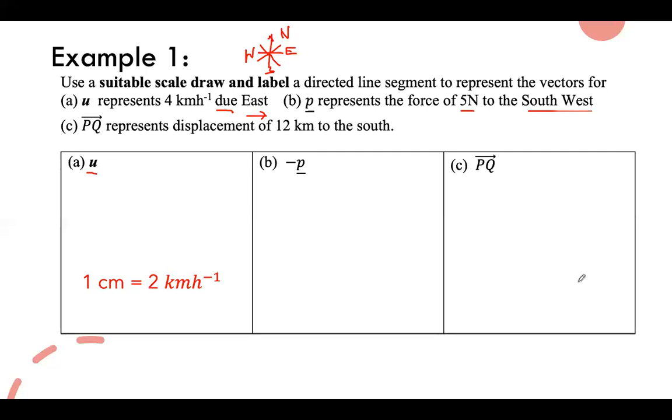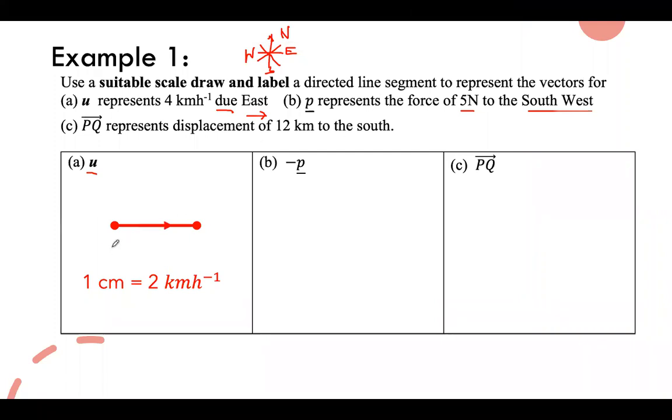So when you draw, the line segment is a horizontal line, and it's 2 centimeter, from left to right. So we write as line segment.